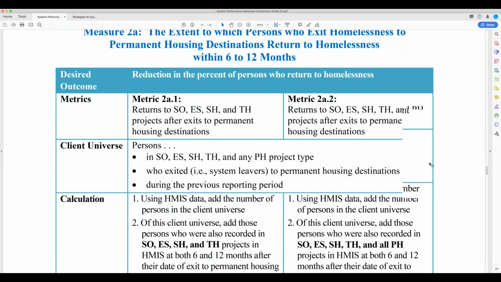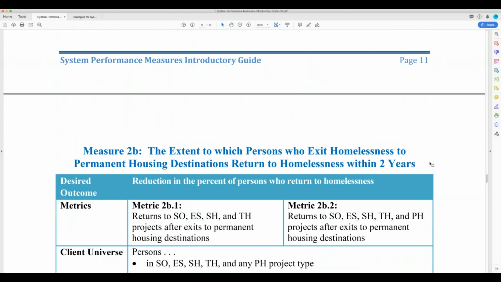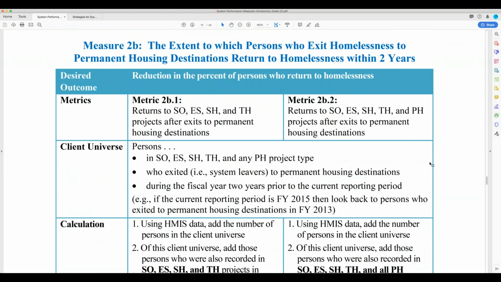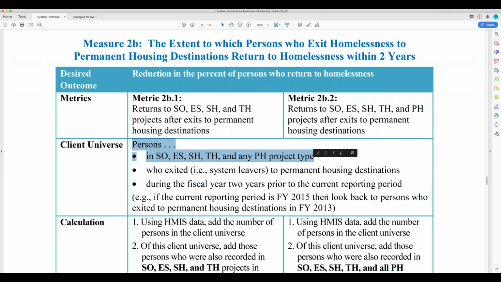Okay. Reducing returns to homelessness. I'm going to jump to the one on this side with the 2 years. Okay, so what could we do if we know that anyone who got discharged in the past 2 years, or few years, I should say, and then comes back into any of our street outreach, emergency shelter, safe haven, transitional, or permanent housing programs is going to count as a return to homelessness.